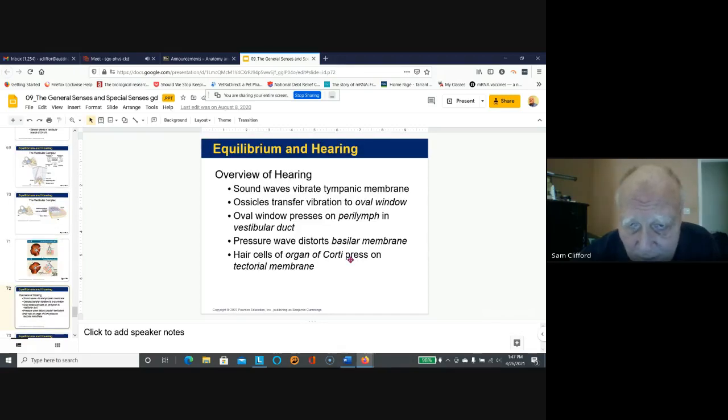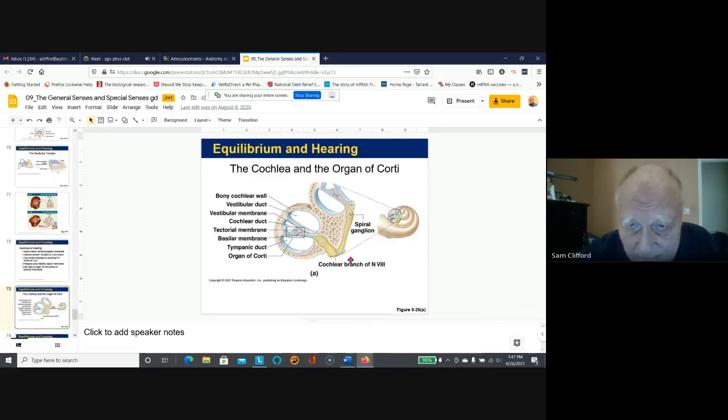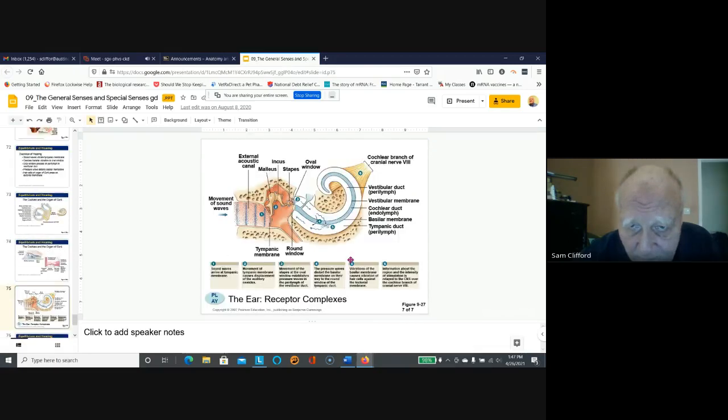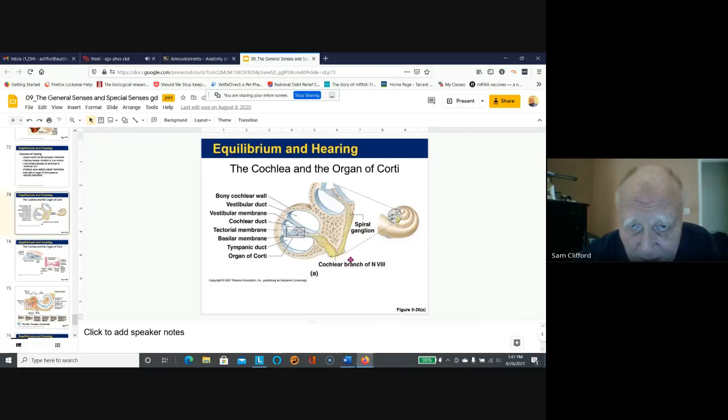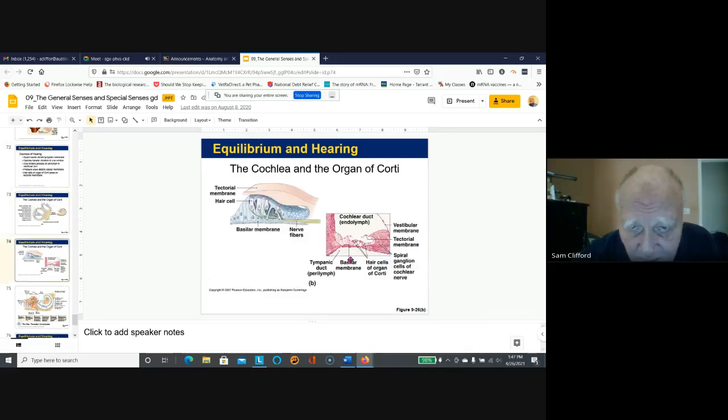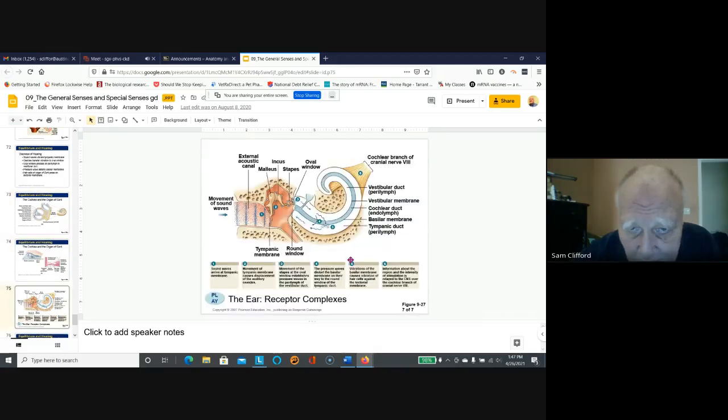Okay, let's look at hearing. So make sure you look at these slides. So here's the outer ear, here's the middle ear.